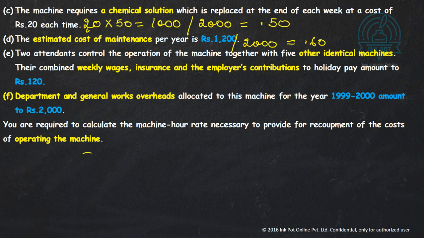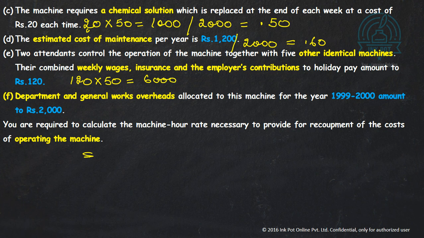In the working note, 120 multiplied by 50, because this is per week, gives the annual cost, which is 6000.